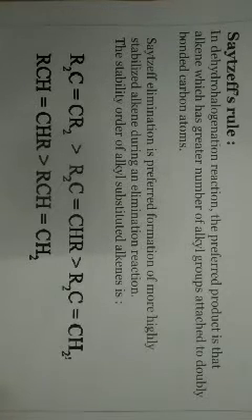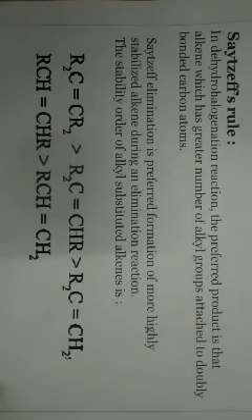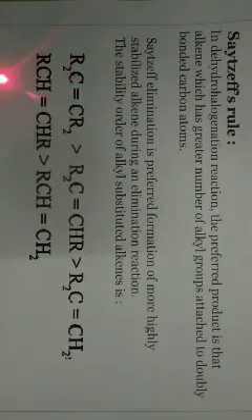So below is given the order of stability of the alkenes. R2C double bond CR2 is more stabilized than R2C double bond CHR, which is more stabilized than R2C double bond CH2 and RCH double bond CHR, and this is more stable than RCH double bond CH2.